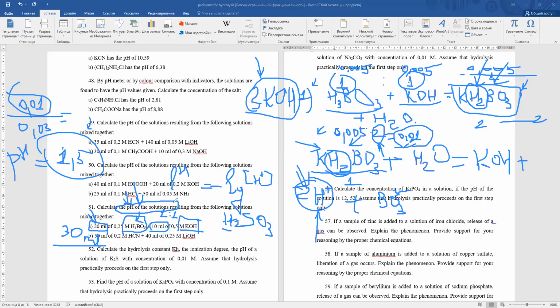So what kind of misunderstanding do you have for this problem? The only problem I had was with the ratio.